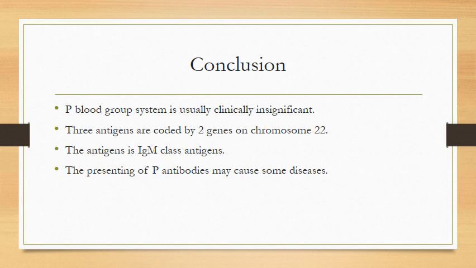The antibodies are predominantly of the IgM class. The presence of P antibodies may cause some disease, but because the P antigen negative phenotypes are rare, usually the transfusion routine won't test for it.